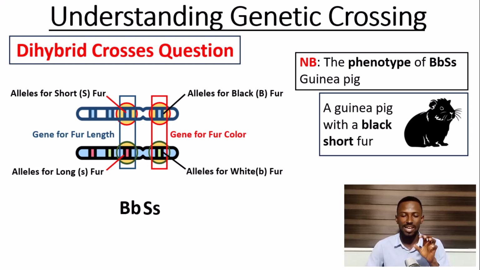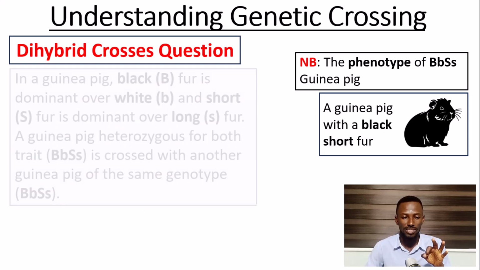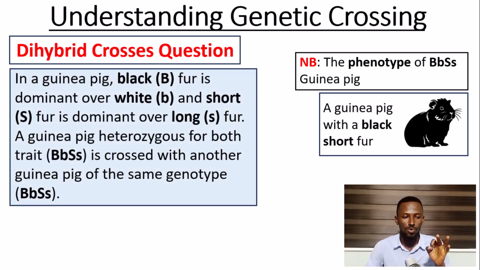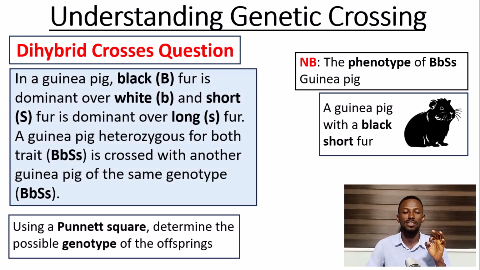So with this understanding cleared out, let's go back to our question. The first task for us is to use a Punnett square to determine the possible genotypes of the offspring. If you mate these two guinea pigs, what will be the possible genotypes of the offspring?